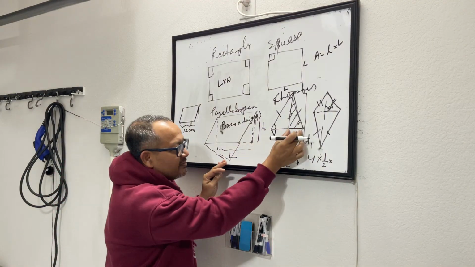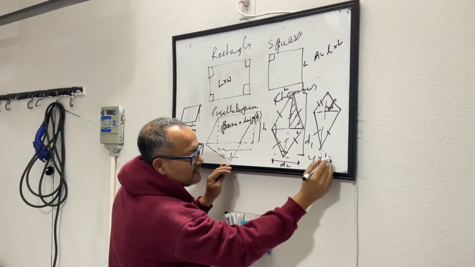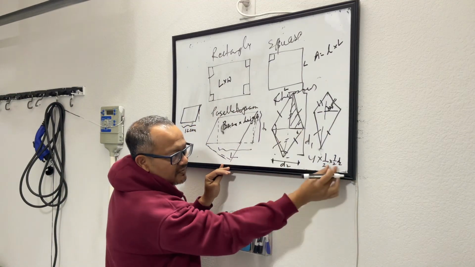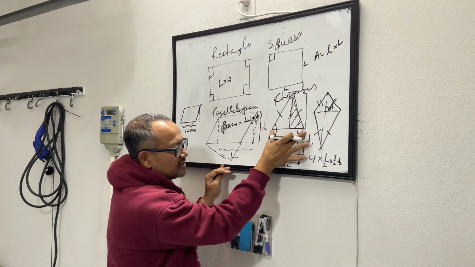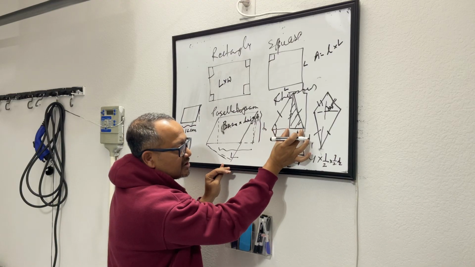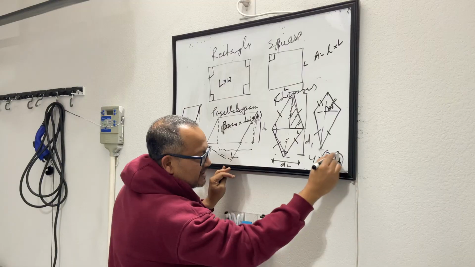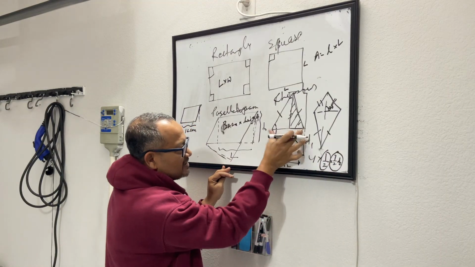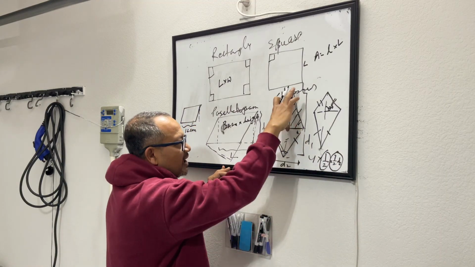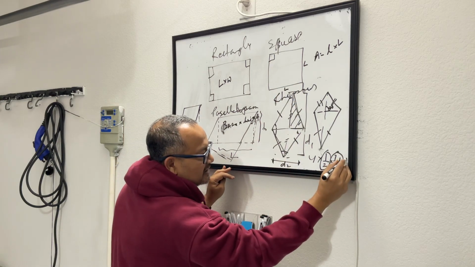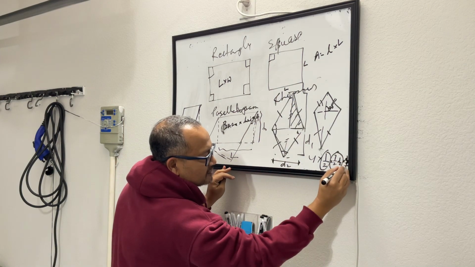That means this length will be half of this whole length, half of D2. This base is half of D2, half of the diagonal 2, into height. Again, this height is half of the second diagonal, so that is D1 by 2.